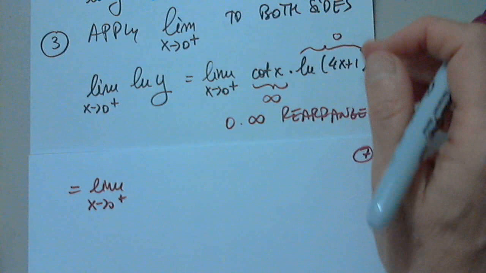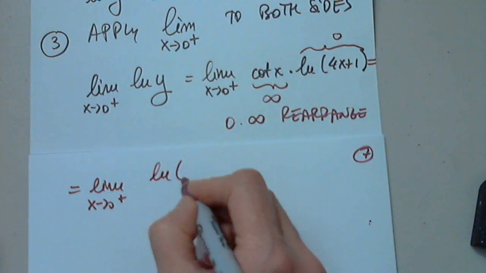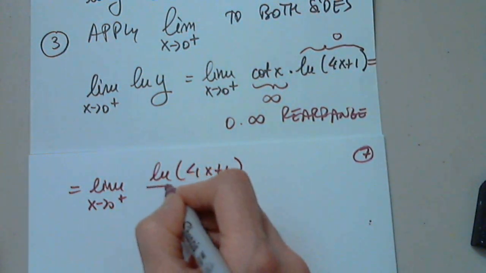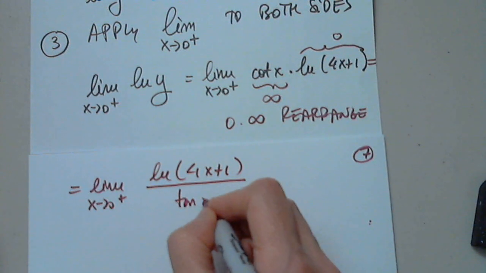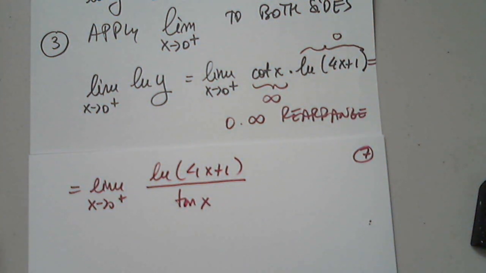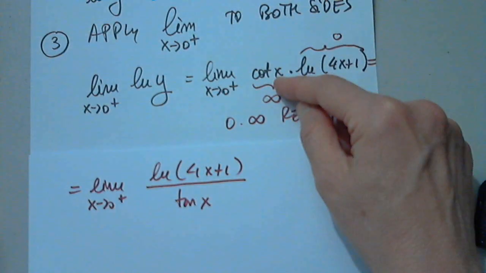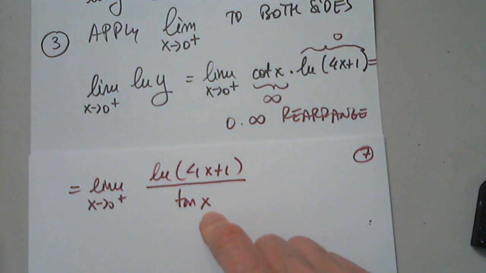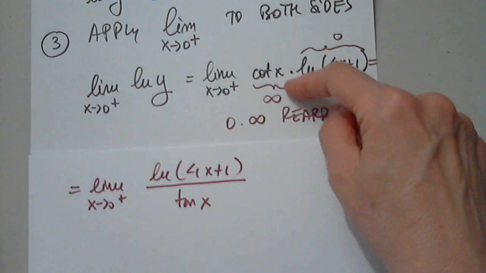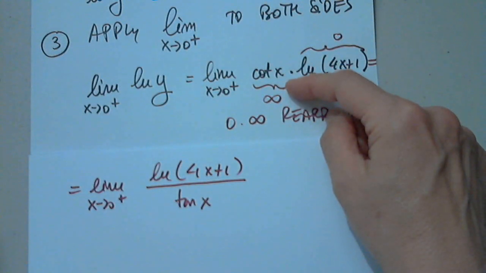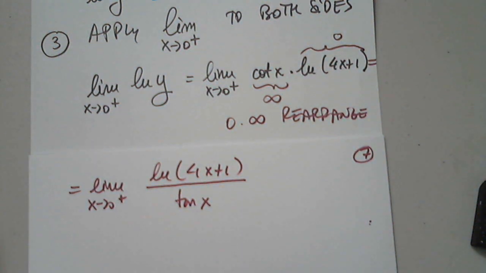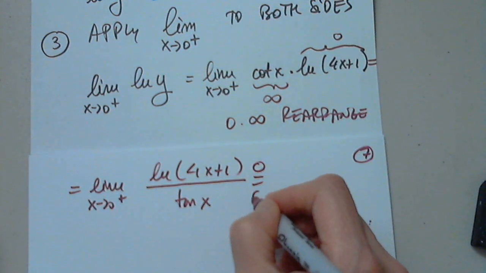Okay. So I'm going to write natural log of 4x plus 1 over tangent x. And you can say, how did you come up with that? Because I know that cotangent is 1 over tangent, or 1 over tangent is cotangent. The reason I did this is because I'm hoping for this now.